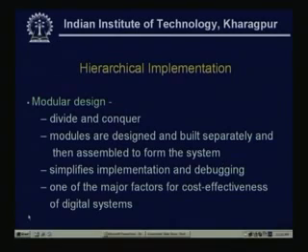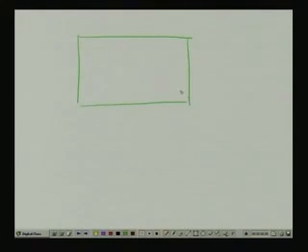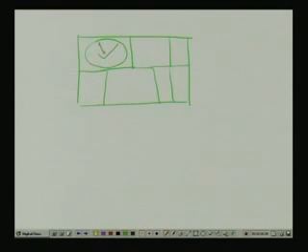Instead of designing a large system, if I partition it into smaller blocks, say module 1 and module 2, then designing each module first will be easier.